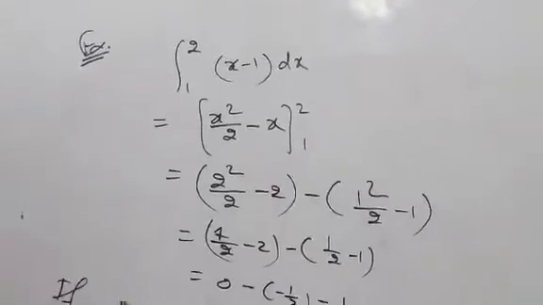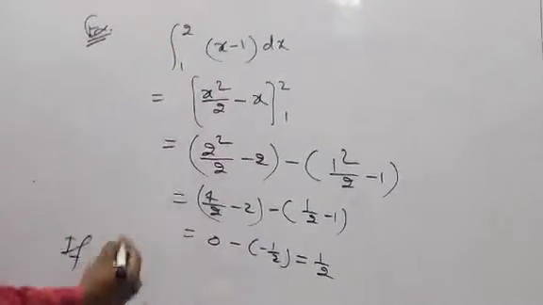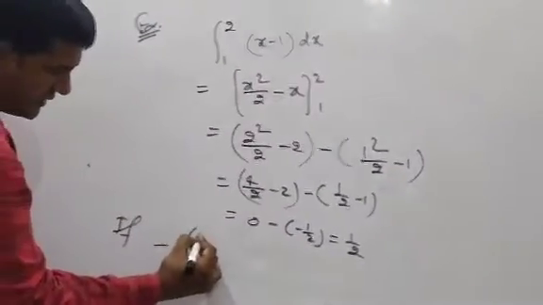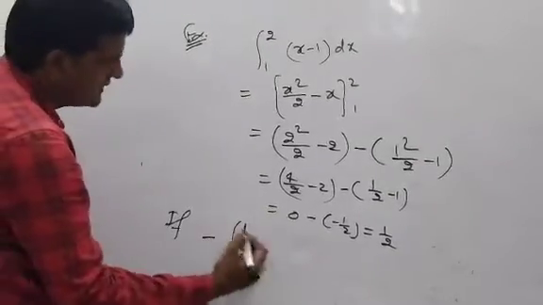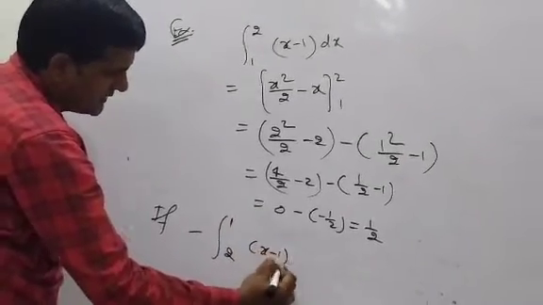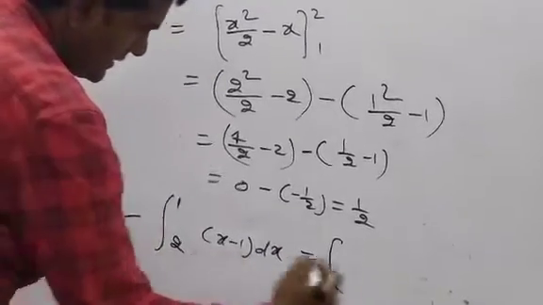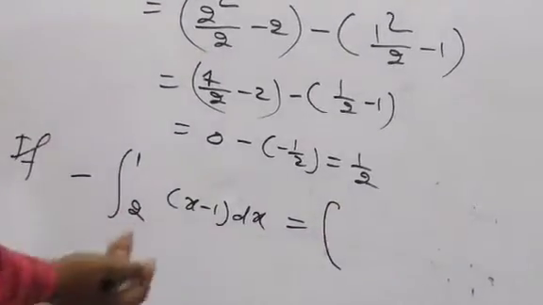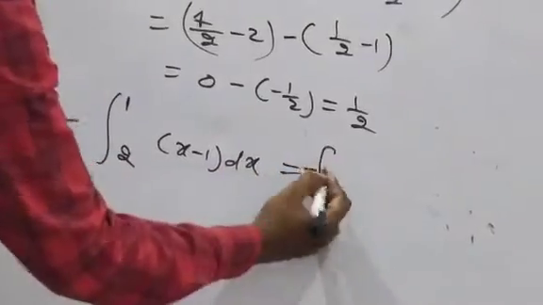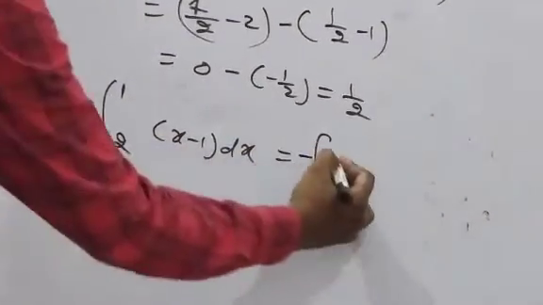Now suppose I change the limit to 2 to 1: integral 2 to 1 of (x minus 1) dx is equal to what? Very simple, a minus sign here. Clear?